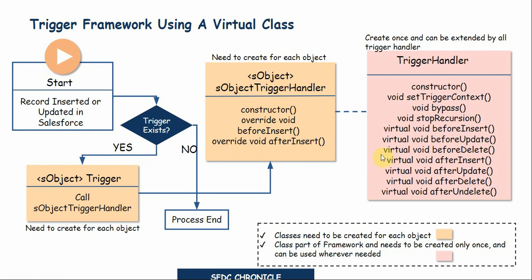And in this trigger handler you can mention before insert, before update, when to call, how to call that one, and in your trigger handler the actual code logic or business logic should reside. So that is the flow of how we can implement the trigger framework using a virtual class. So yeah, that is all about today's session.